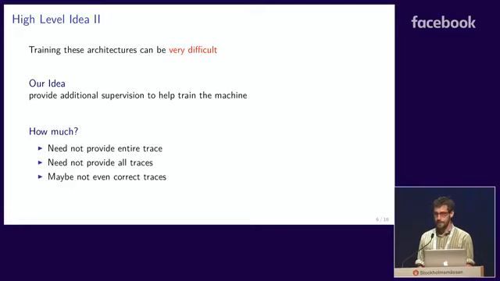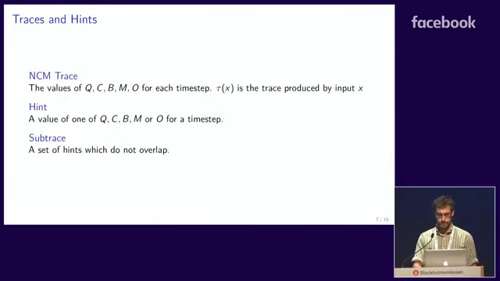So we try to provide supervision only when it's possible. For example, we don't provide the entire trace necessarily, and we don't provide all of the trace all the time. Sometimes we don't even necessarily provide the correct trace. And we want to make sure that architectures learn in the expected way. The more supervision that you give them, the better they will learn.